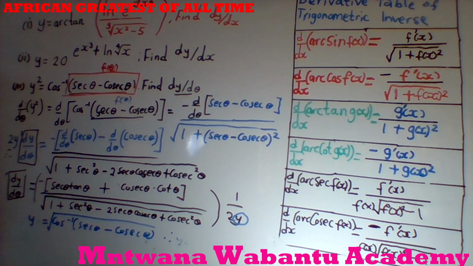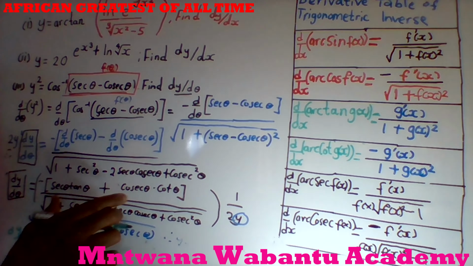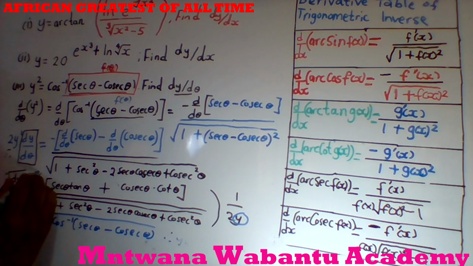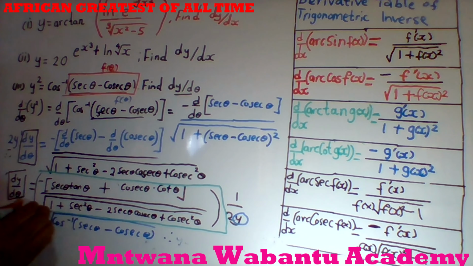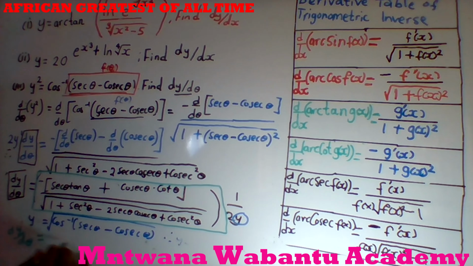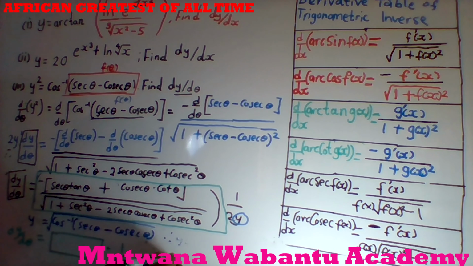So finally, dy d theta is equal to all this stuff. I'm not going to rewrite this again, but you can rewrite all this stuff, and then all this stuff multiplied by 1 over 2. And what is my y?